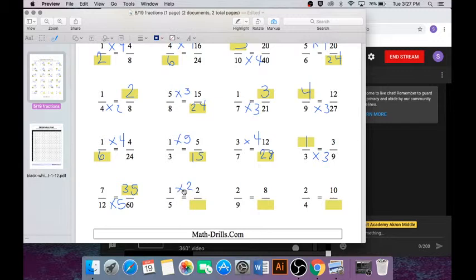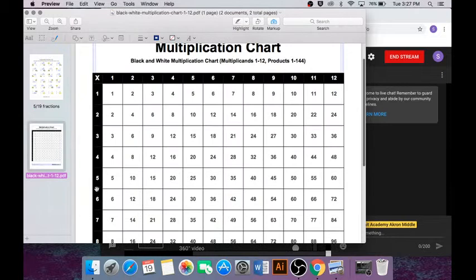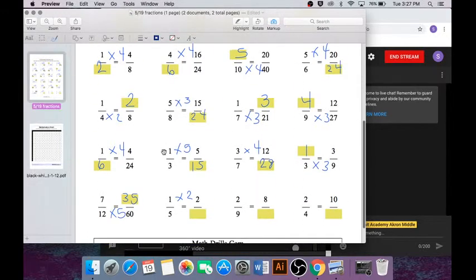Okay, so we multiplied our top times 2, now we're going to multiply the bottom times 2. So we're going to go to our multiplication chart and see what 5 times 2 equals. So in our 5 times table, we have 5 times 1 and 5 times 2. 5 times 2 is 10. So our answer over here is 10.